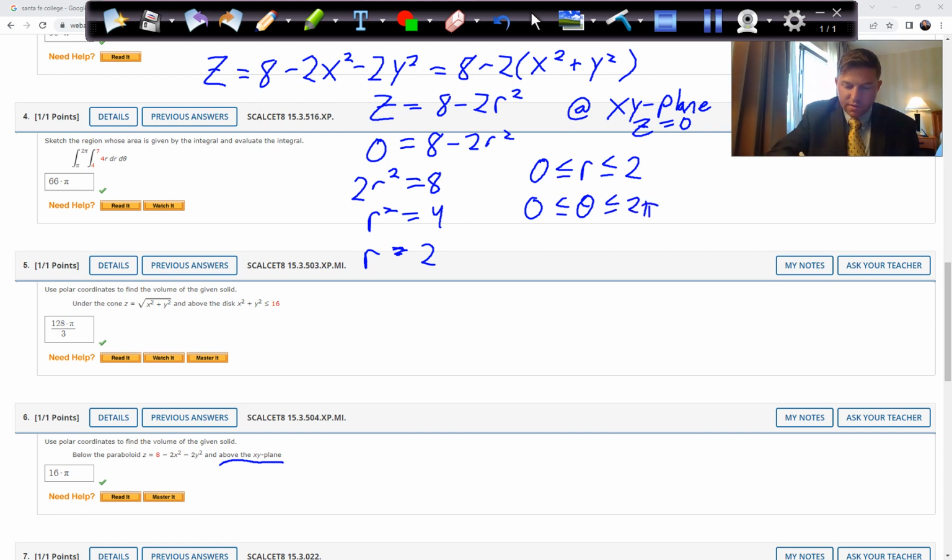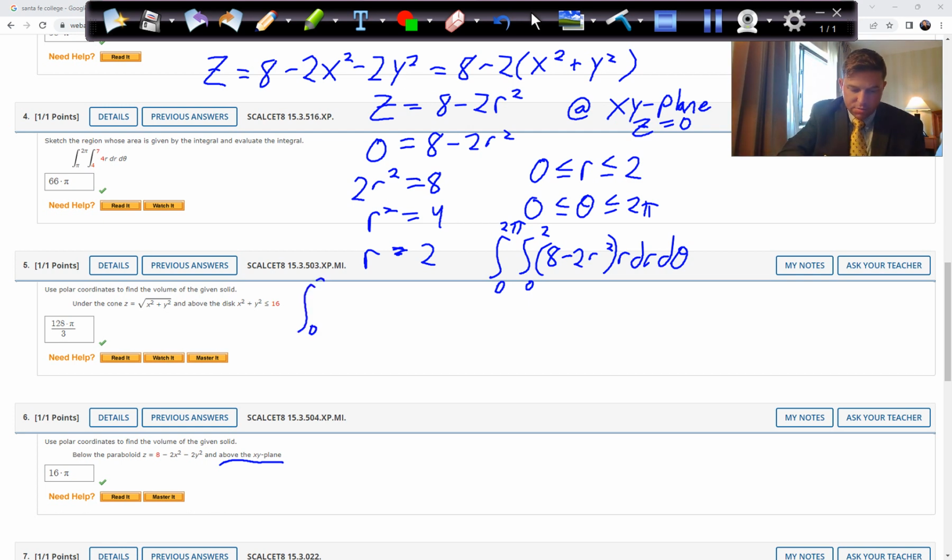So our integral becomes 0 to 2 pi, 0 to 2, of the z equation, which is 8 minus 2r squared, times r dr d theta. Okay, now we'll distribute that r.